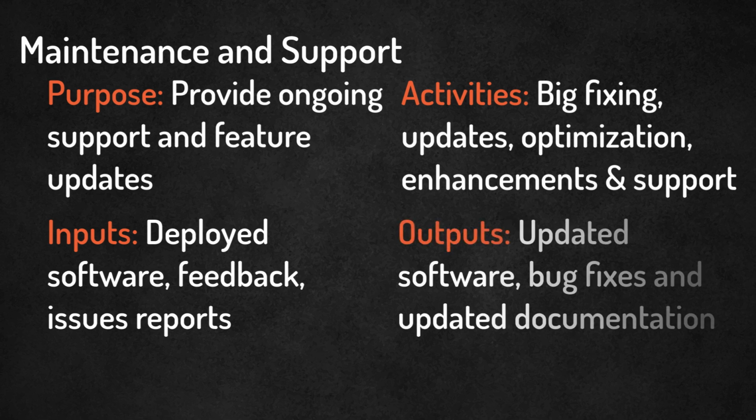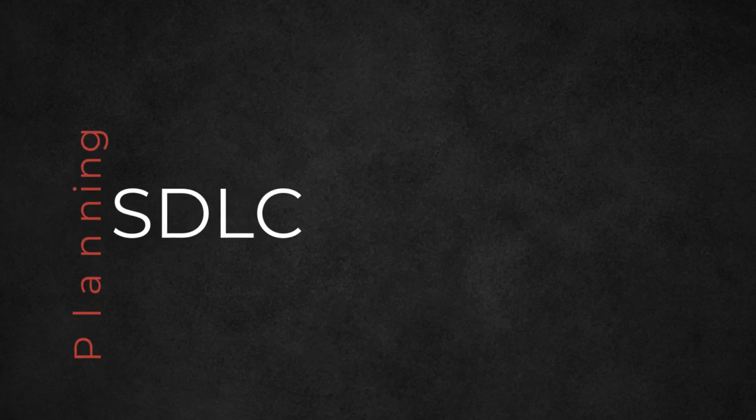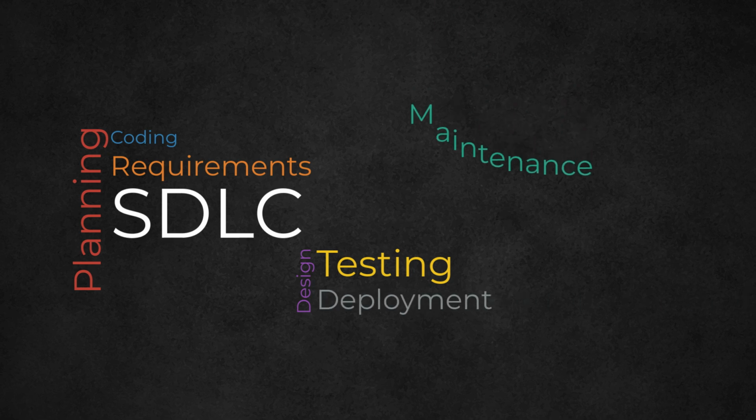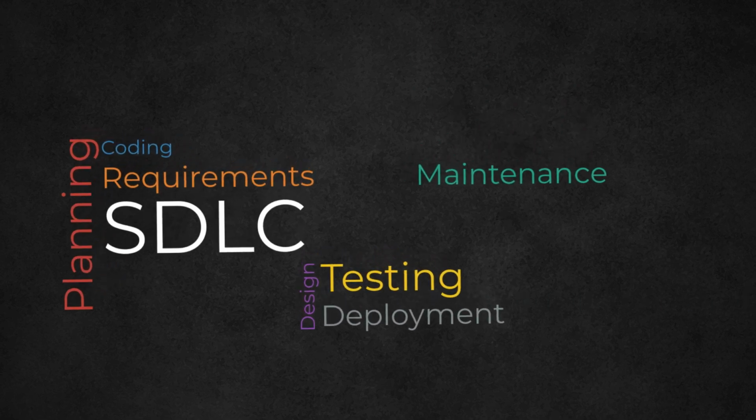The outputs are going to be the updated software, bug fix reports, and updated documentation. And now you understand your software development lifecycle: the planning, design, requirements, coding, testing, deployment, and finally maintaining the software.